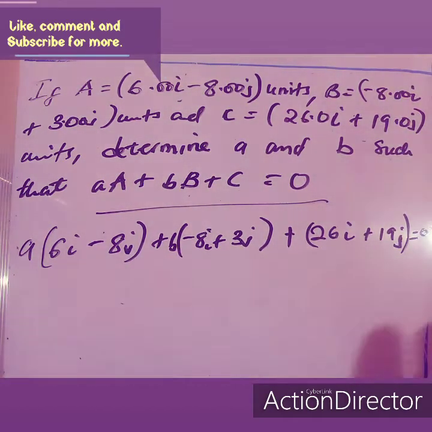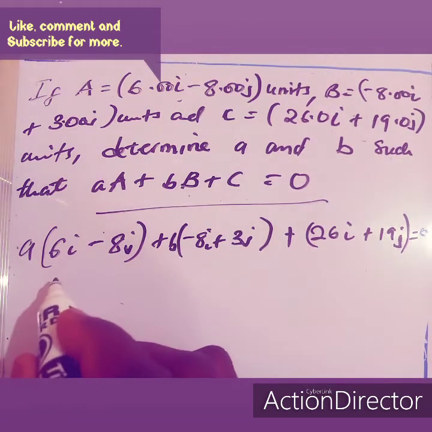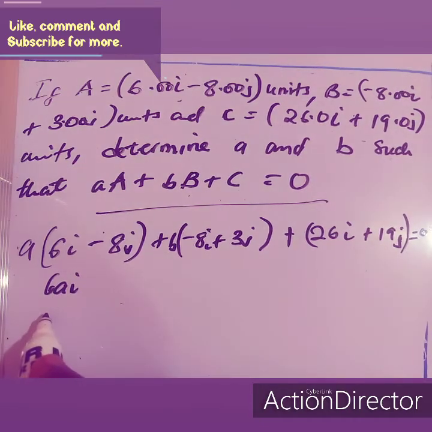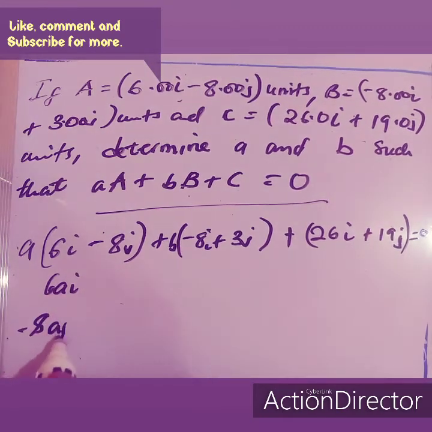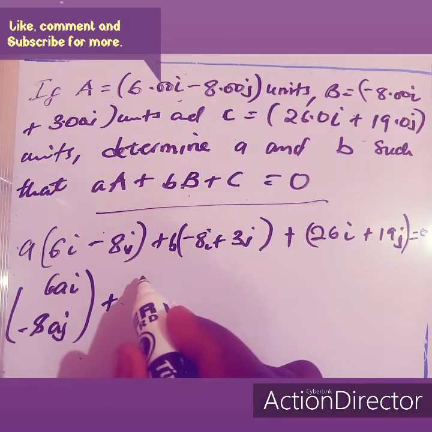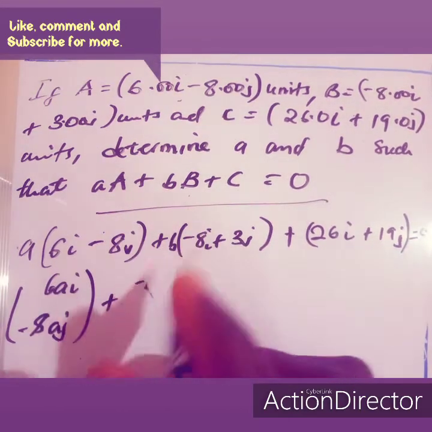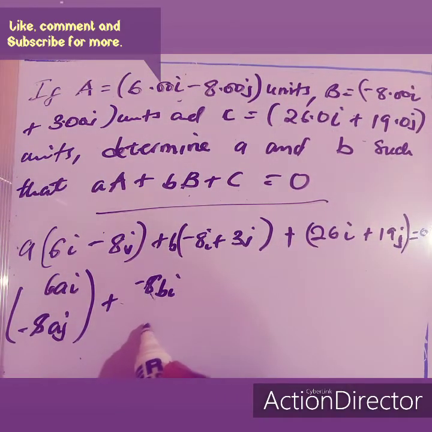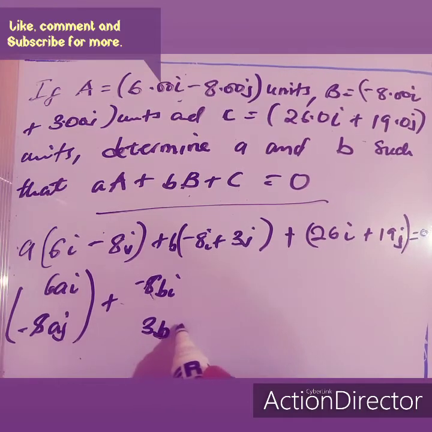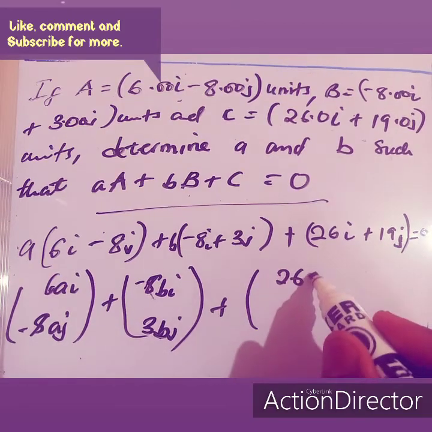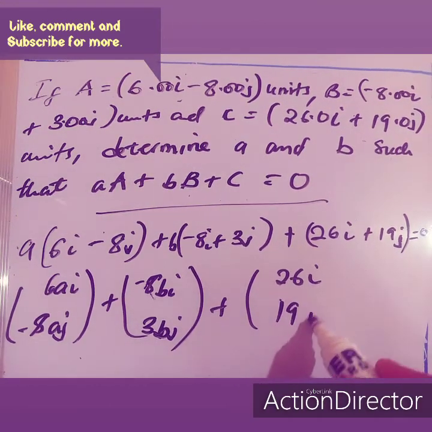Now this can be rewritten as 6AI minus 8AIJ in that format, plus minus B minus 8BI, then 3BJ, plus 26I plus 19J.